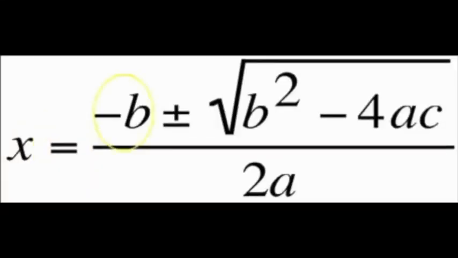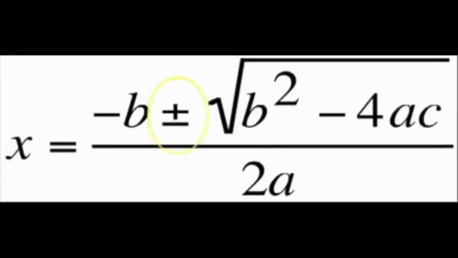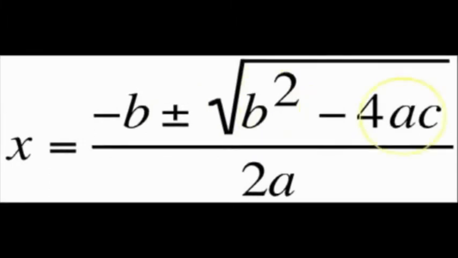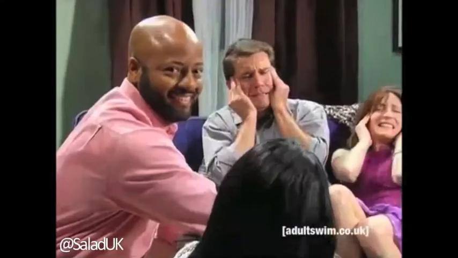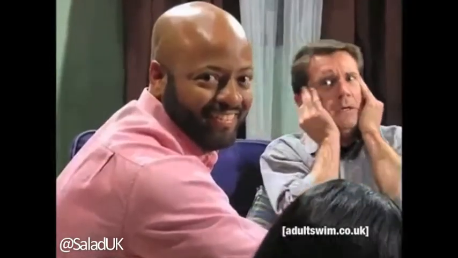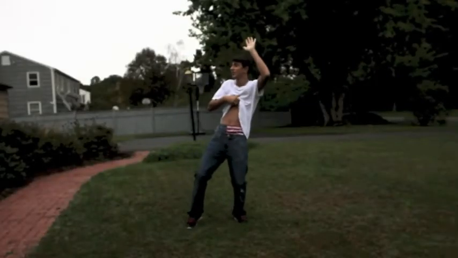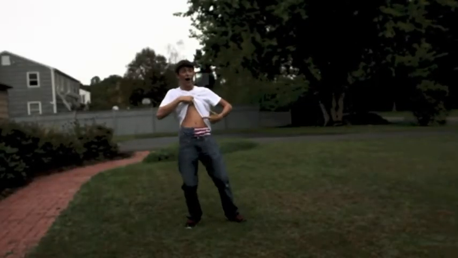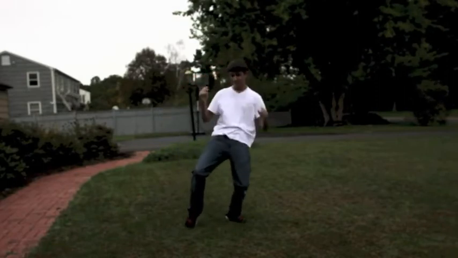X equals negative b plus or minus the square root of b squared minus 4ac. Then divide all of that by 2a. Now you know the quadratic formula. If you can just find a, b, and c, then you can use this equation successfully.